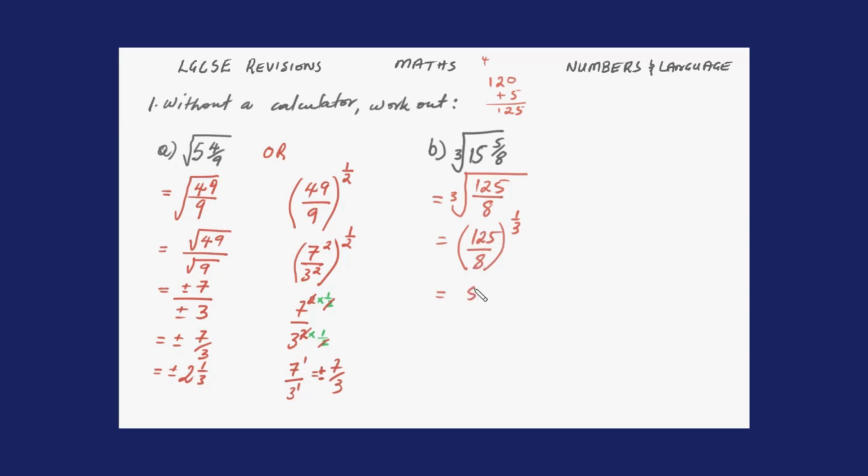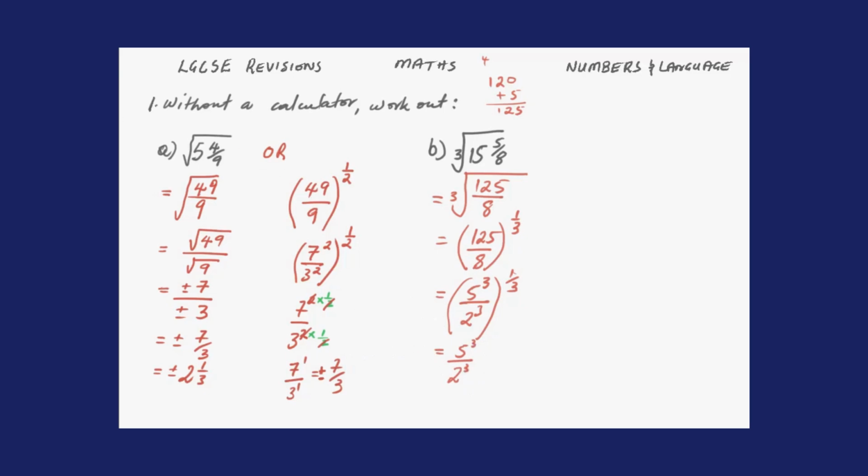The numerator will be 5 cubed over 2 cubed. Now, this is going to be 5 to the power 3 over 2 to the power 3.